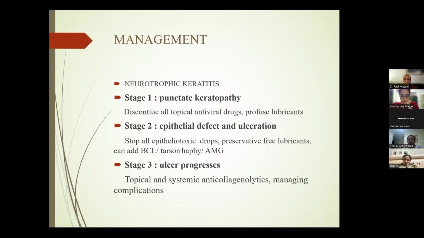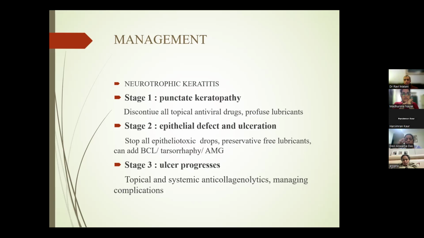So management of neurotrophic keratitis, firstly, it is important to identify the neurotrophic keratitis because you have to differentiate it from the primary HSV keratitis, and the management will be completely different. So sometimes along the course of treatment, if we see that in spite of full medication, the lesions do not come down or tend to increase, then keep the suspicion of neurotrophic keratitis very high.